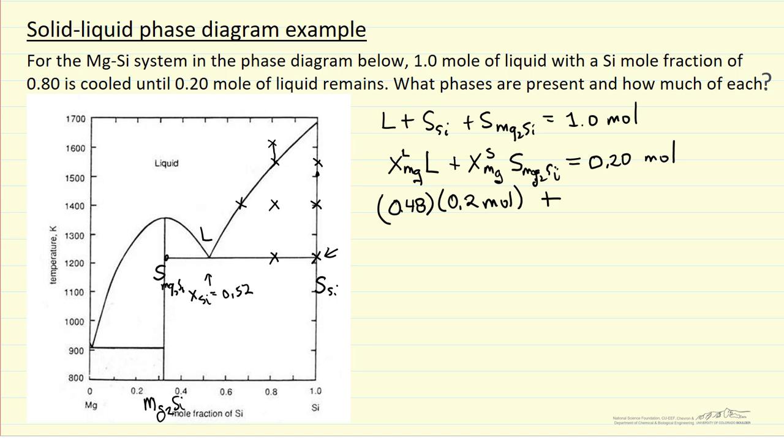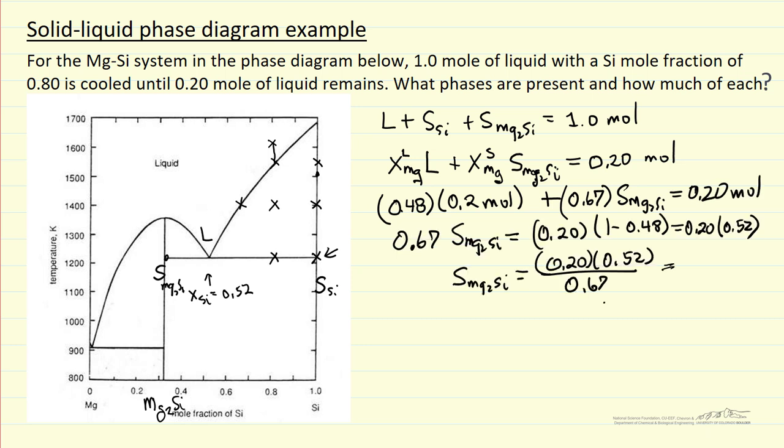And now the mole fraction of magnesium in the compound is 0.67, since the mole fraction of silicon is 0.33, and the number of moles is what we're trying to solve for. Solving, we get 0.155 moles of the compound.